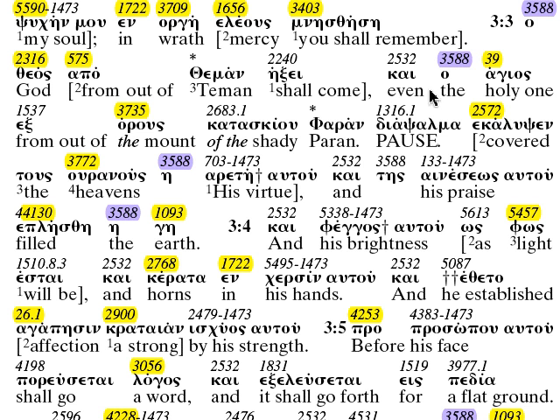Even the Holy One from out of the mount of the shady Pharan. The Complutensian has the shady Thasios, the shady thicket. This third chapter of Habakkuk probably has as many variants of the different manuscripts or the different Bibles that I collated it with, the Complutensian Polyglot, the Aldine, and the 16.